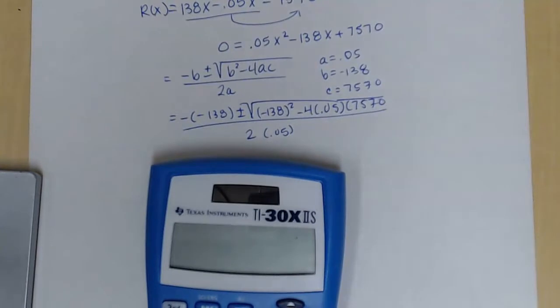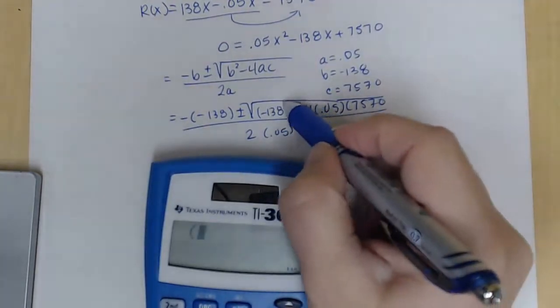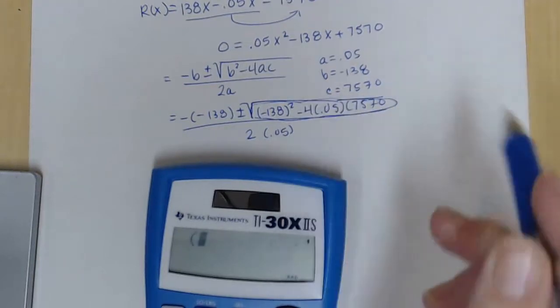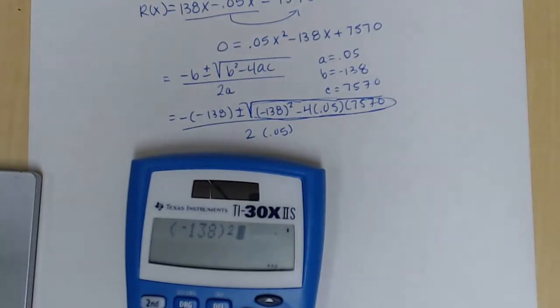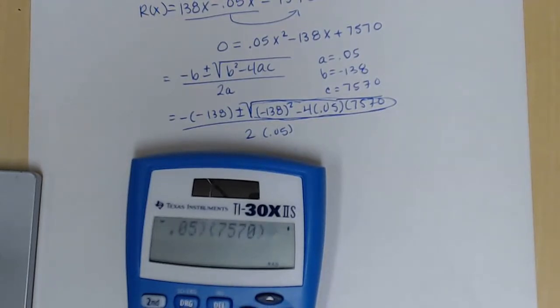So I'm just going to pop my calculator in the bottom here. Now I'm just going to plug in everything that's under that square root. So I'm going to say negative 138 parentheses squared. If you don't put this in parentheses squared, it will square the 138 and then add the negative, and it will really throw off your answer. Minus 4 times 0.05 times 7,570.